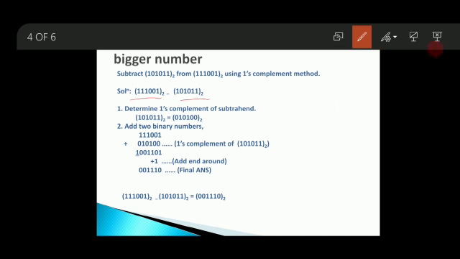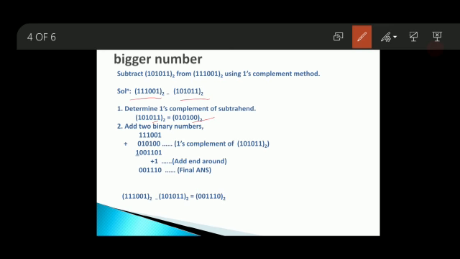The first step is to determine the ones complement of the subtrahend. The subtrahend is 101011, so you have to find its ones complement. 1s will be changed to 0s and 0s will be changed to 1s. So the answer is 010100.